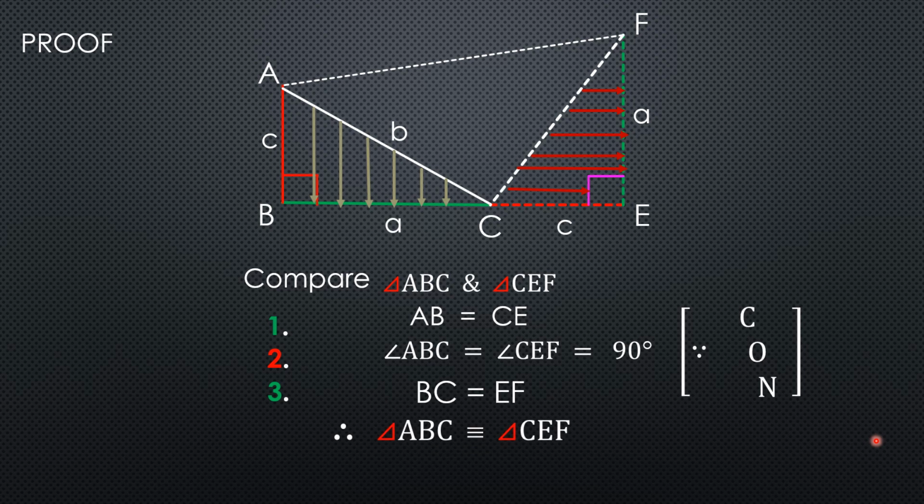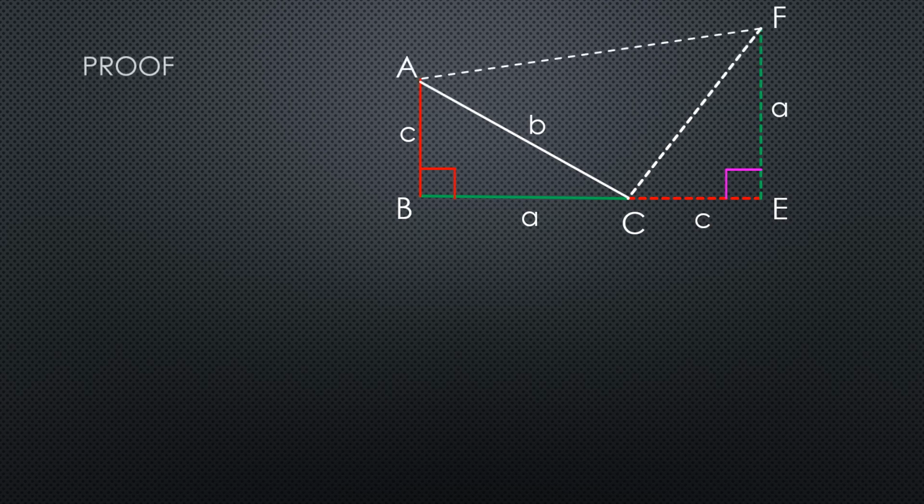Therefore, we conclude that right angle triangle ABC is congruent to right angle triangle CEF on account of the SAS theorem of congruent triangles. So we showed that these two triangles which are highlighted here are congruent on account of SAS. Now let's go to the next slide, please. Okay, now we have shown that these two triangles are congruent.